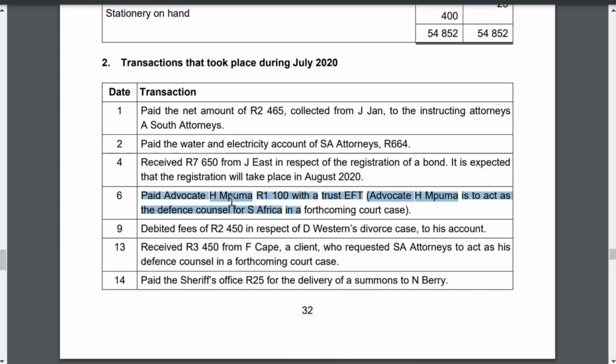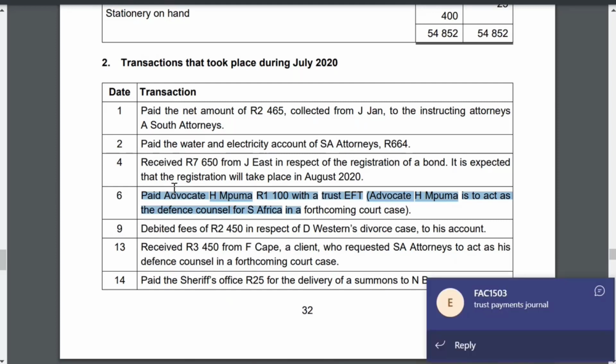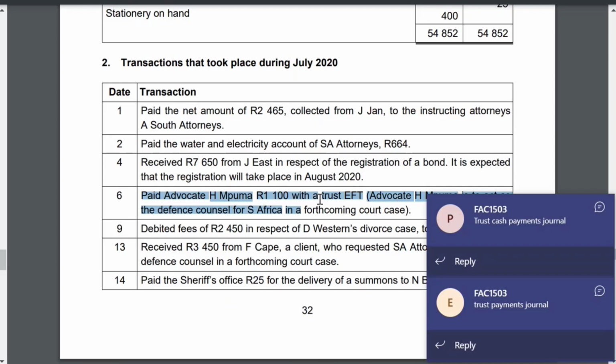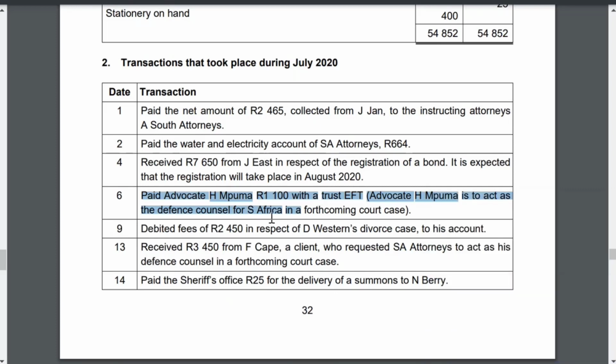Transaction number 6. SA attorneys paid advocate H. Mpuma. So Elisha is saying trust payment journal. Bali is saying trust cash payment journal.